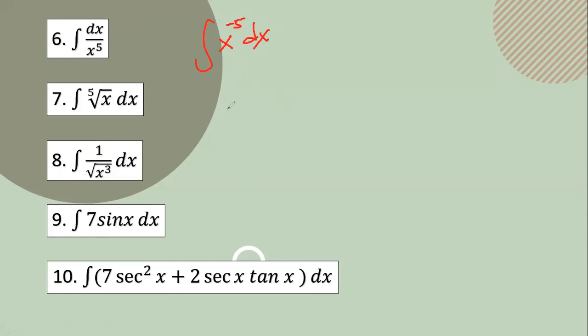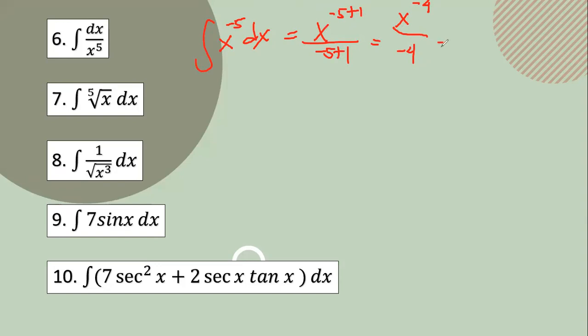When we move it between numerator and denominator, we just get a minus sign. Then it's the same formula for the integral: we add 1 and divide by the new exponent. x raised to negative 5 plus 1 over negative 5 plus 1. That will be equal to x raised to negative 4 over negative 4.